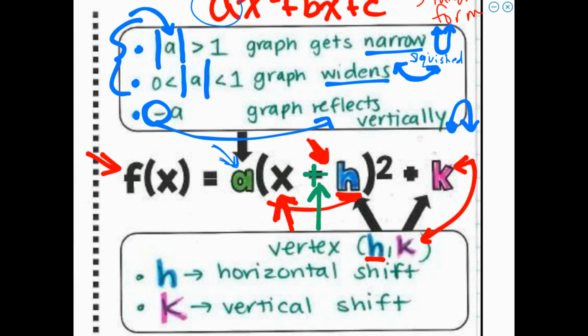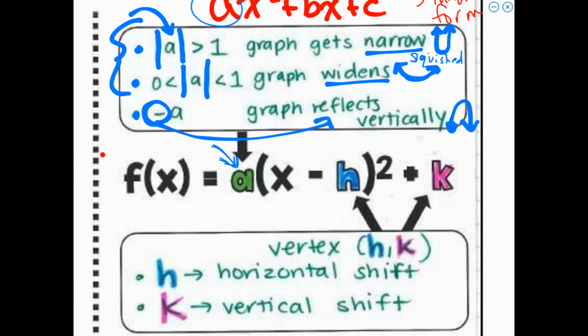We'll do a few examples and that will clarify what I just said if you were still confused about that. You don't have to write it, since I'm not writing it as I go, I'm just trying to help point out what I'm talking about. Again, what happens inside the parentheses, this stuff right here with the h, tells you what happens on the horizontal axis or the x-axis, the horizontal shift.